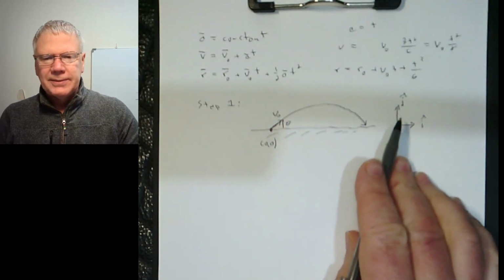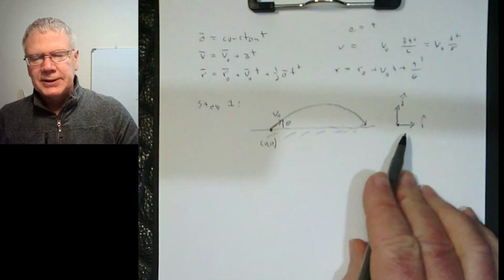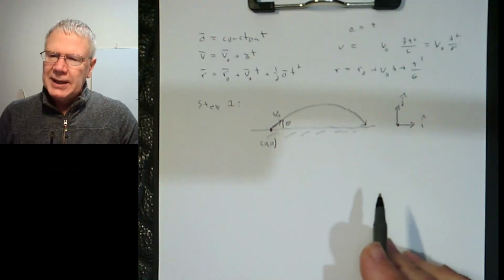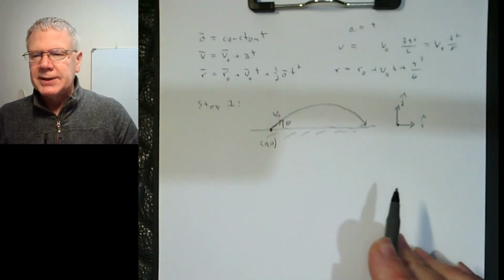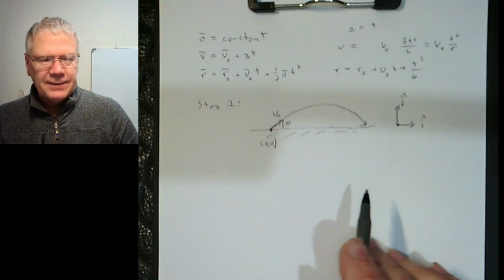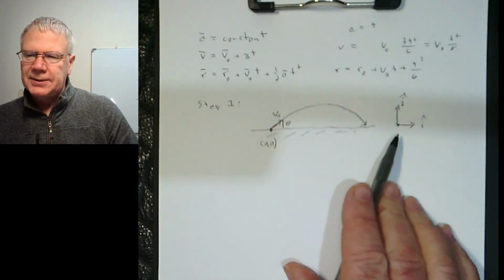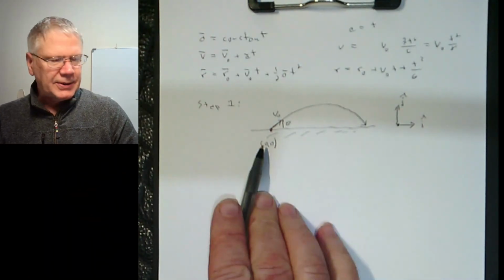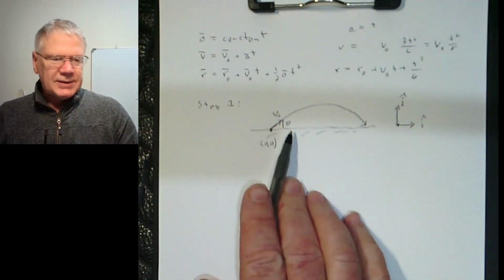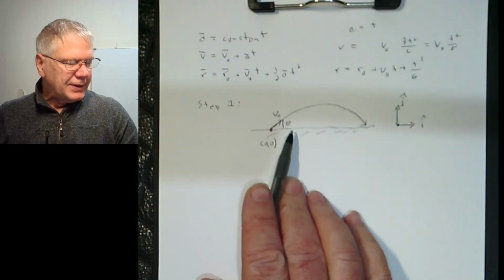We will do one problem in a moment where I put the x direction the other way, to the left, because that's the way the motion is. You don't have to do that. You could introduce a minus sign. So there are different ways you could do that. Start out by showing what your coordinates are and where your origin is and what the motion looks like. This is a simple projectile here.